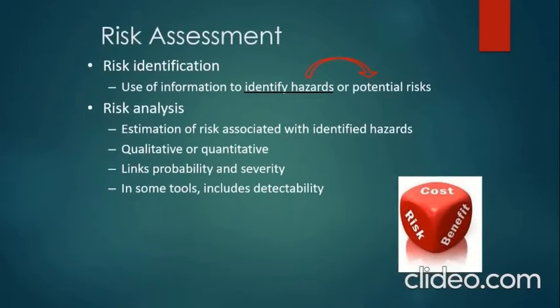Risk identification: use information to identify hazards or potential risks, by analyzing historical data, theoretical analysis, informed opinions, etc. The second step is risk analysis: estimation of risks associated with identified hazards, whether quantitative or qualitative. It links probability and severity, and in some cases includes detectability.